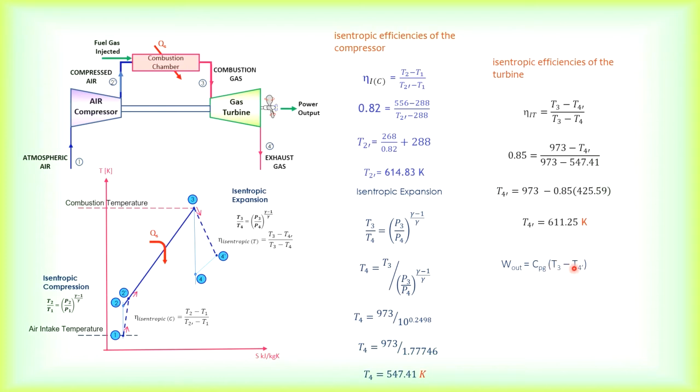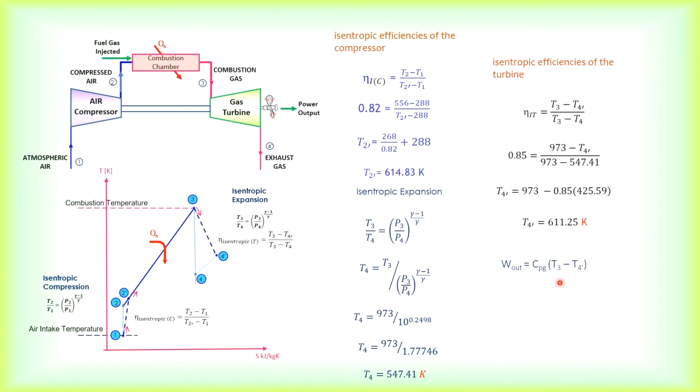Now the work output. I have written down the formula. CPG, remember, is the gas side. Let's take a look at the gamma. You should double check that the gamma we are using is correct, that we have used 1.333. For the A side it should be 1.4.